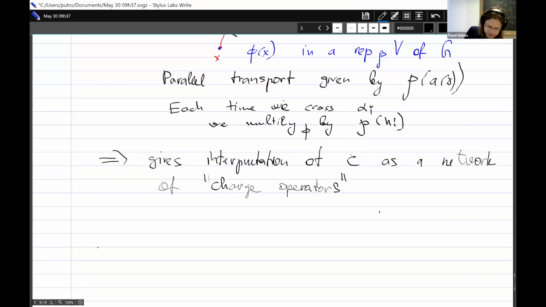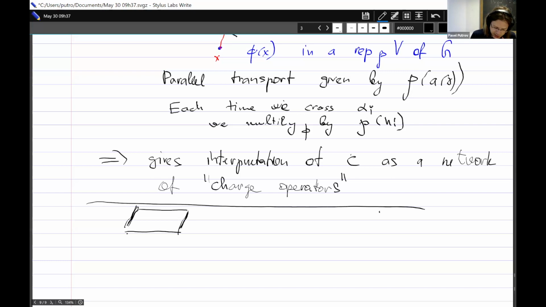I probably want to explain a little bit more on why these defects have an interpretation as charge operators, but we have to finish soon, so I'll do this in the next lecture.